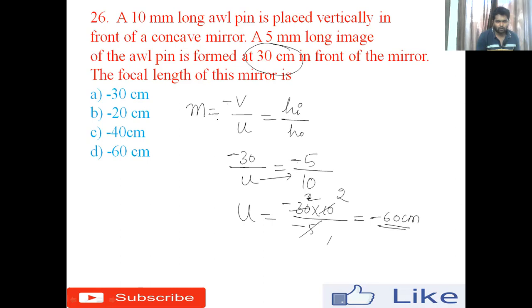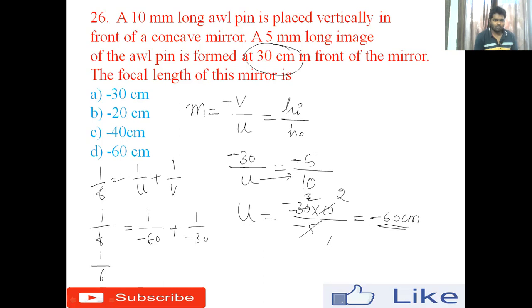Now we use the formula 1 divided by F equals 1 divided by U plus 1 divided by V. So 1 divided by F equals 1 divided by minus 60 plus 1 divided by minus 30. What is the LCM of both? Let me take it as minus 60. 60 ones are 60, so that is minus 1, and 30 twos are 60, so minus 2.